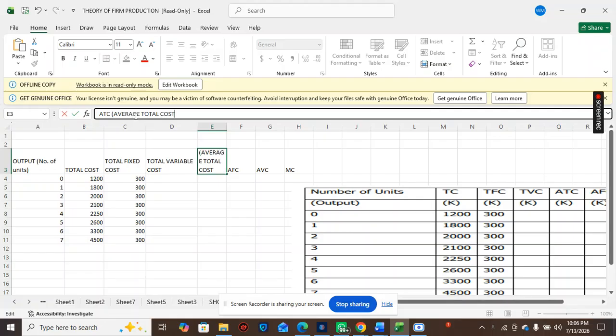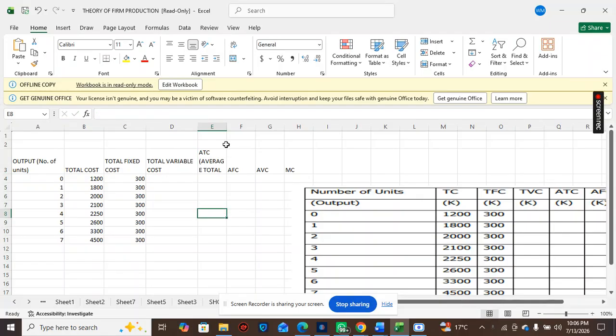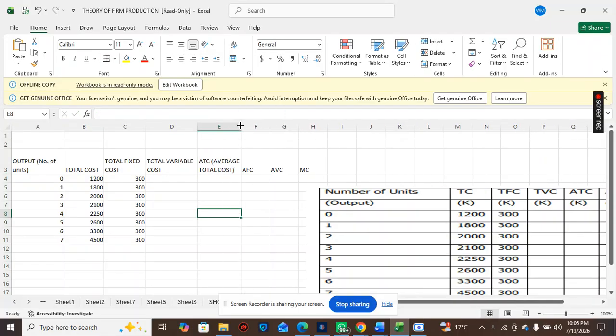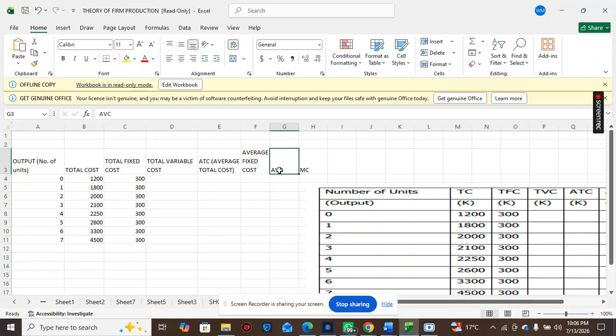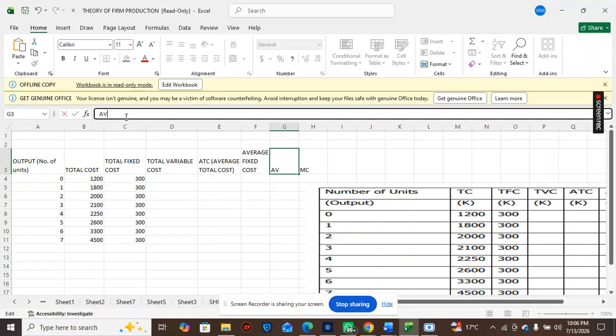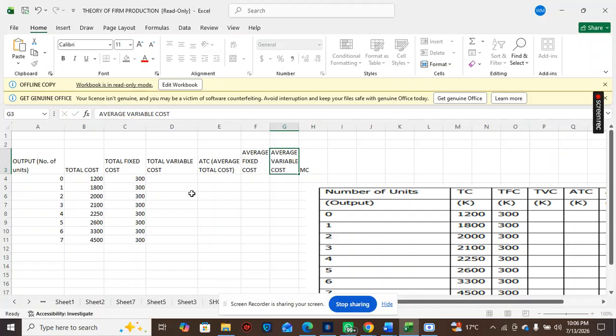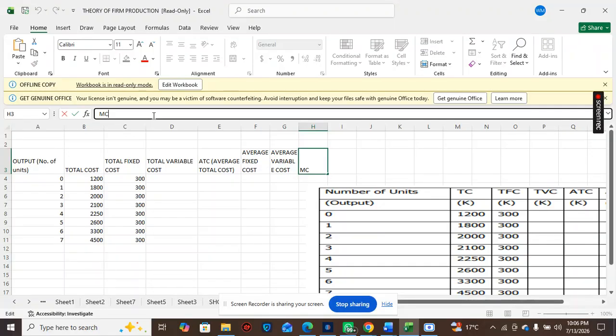Average total cost. We need to get the average fixed cost. We need to get the average variable cost. And we need to get the marginal cost.